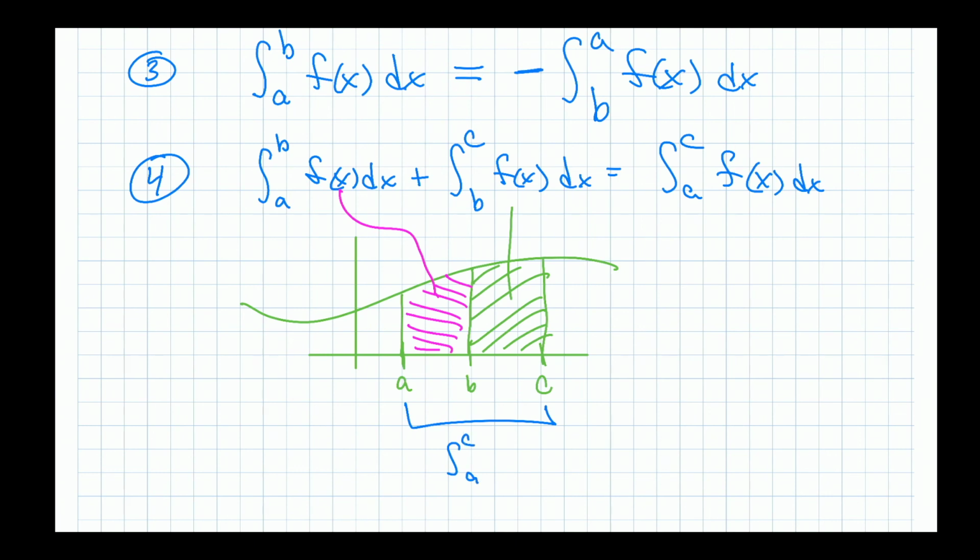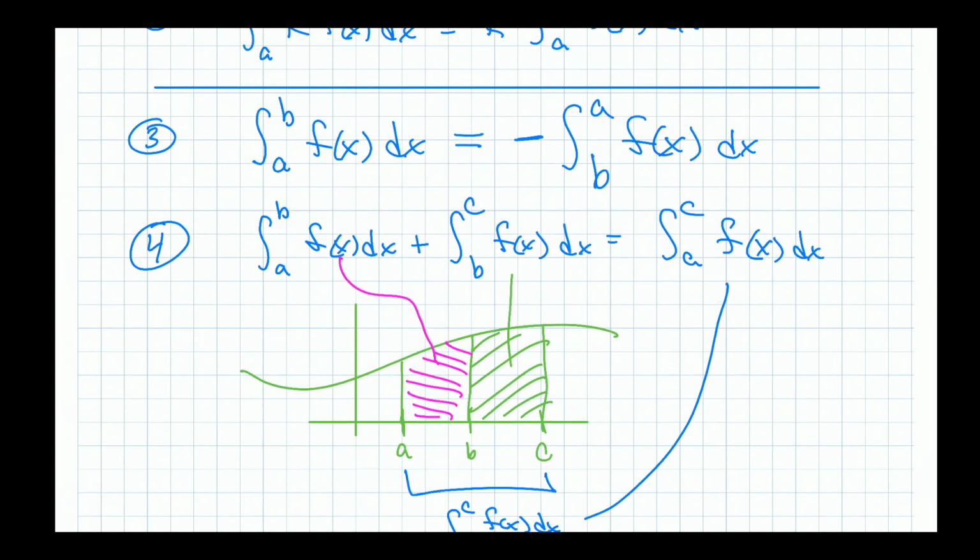A to c. So that's all the rule says. Very simple rule, makes perfect sense. You go A to B, B to C, you get A to C.